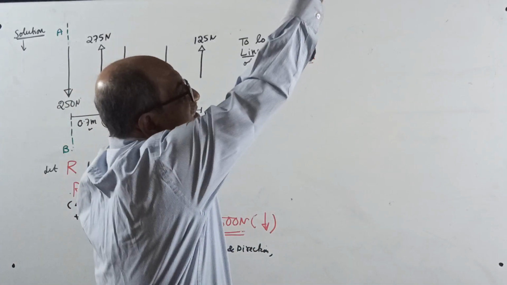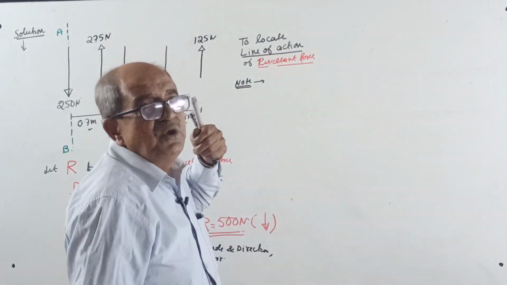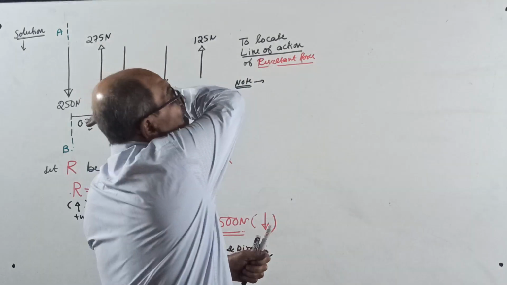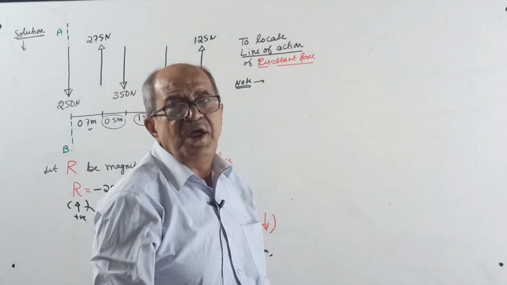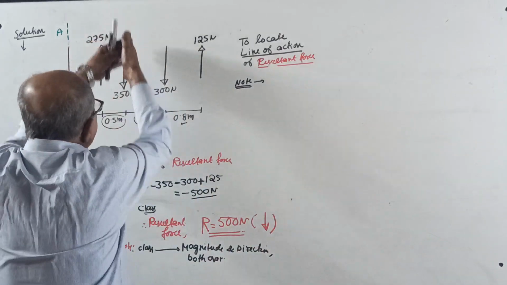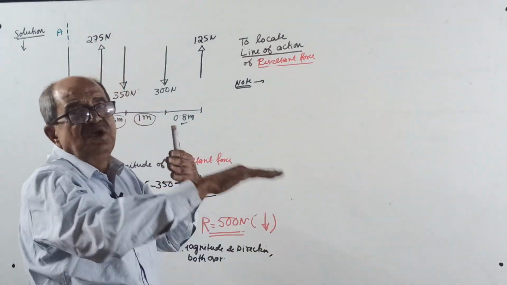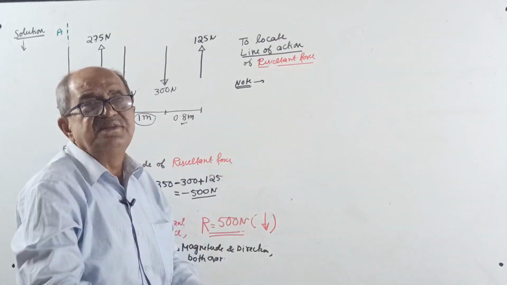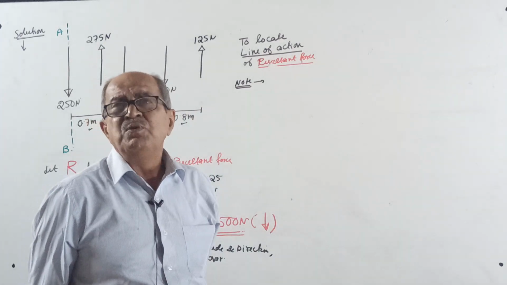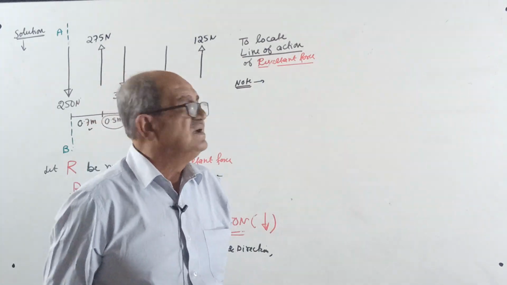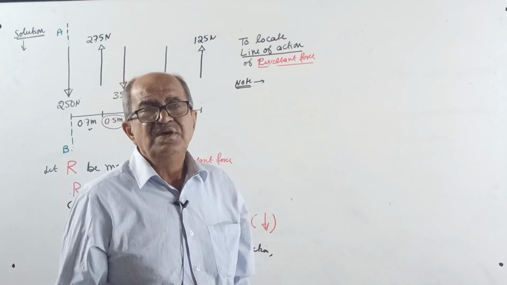When the resultant is vertical, you require a horizontal distance to locate it, or when the resultant is horizontal, you require a vertical distance to locate it. Our resultant is vertical. So to locate the line of action of the resultant, you require a horizontal distance from any reference point. In a coplanar force system, you took a reference point. In a parallel force system, you take a reference axis.